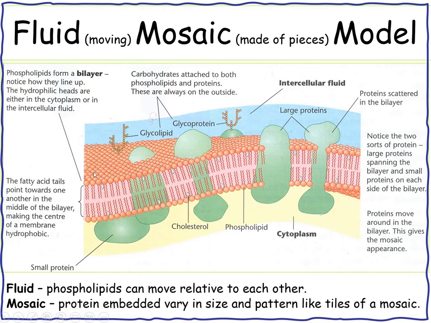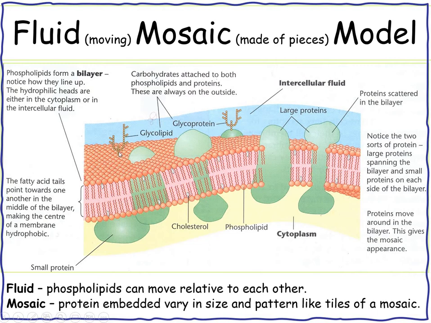So phospholipids form a bilayer, and the hydrophilic phosphate heads face towards the intercellular fluid outside and the cytoplasm inside, because they like water, they face towards water. And you've got the fatty acid tails which point towards each other away from water because they are hydrophobic.